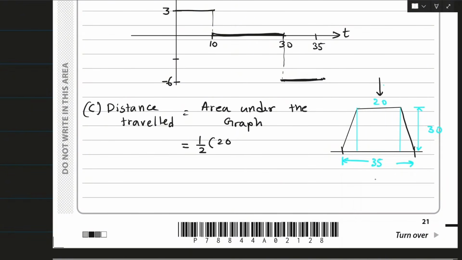This is our a, this is our b, and b is 35 and h is 30. This simplifies to 15 into 55, and that would give us an area of 825 meters. This is the distance traveled by the car within the first 35 seconds of its journey.